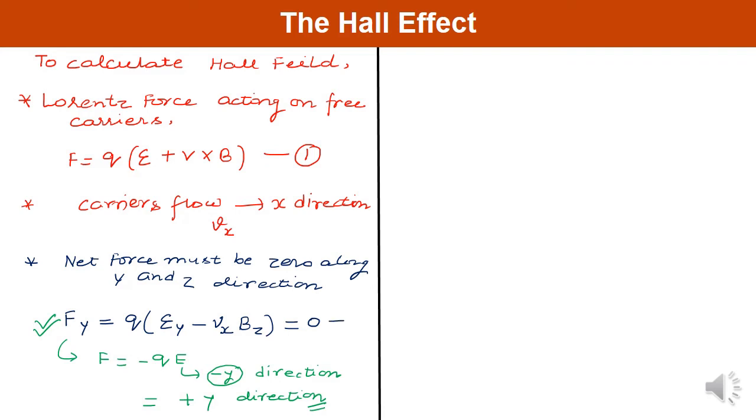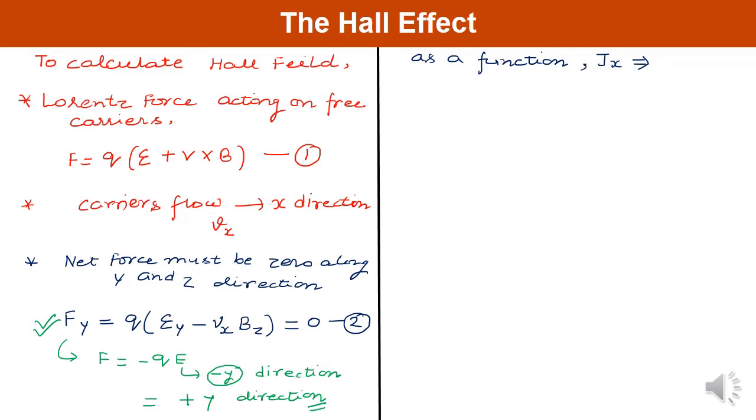Let us put this as equation number 2. It means a relation between the electric field along the y direction and the applied magnetic field. This equation can be rewritten in terms of current density, Jx. How to write it in terms of Jx?